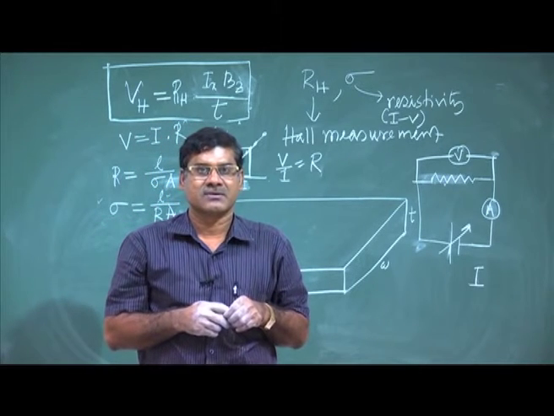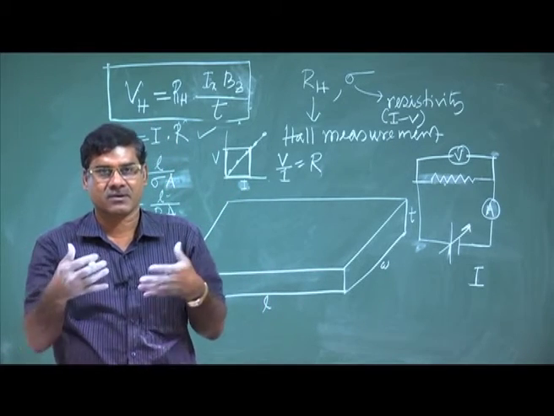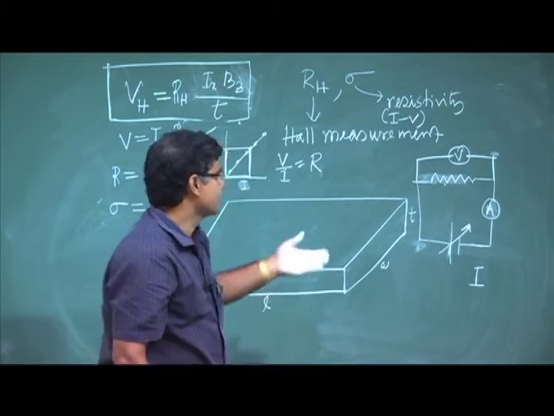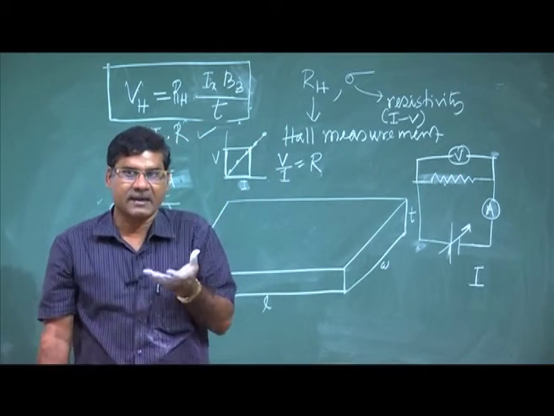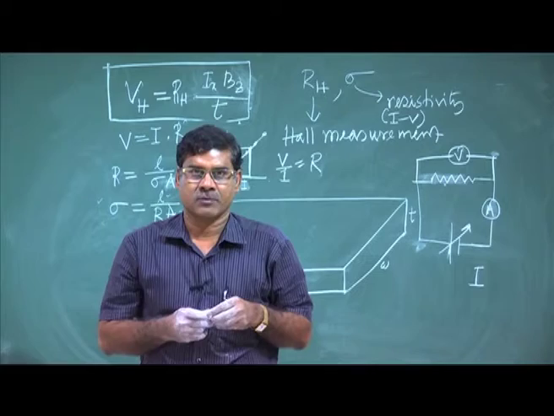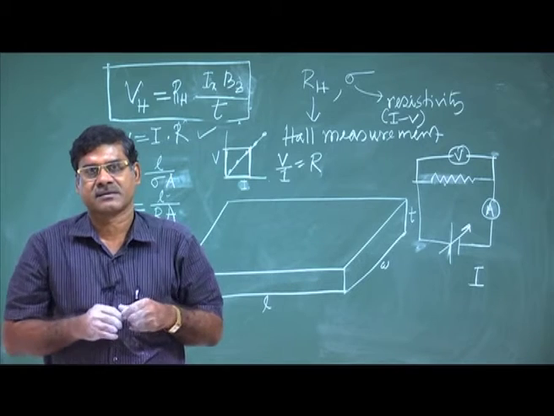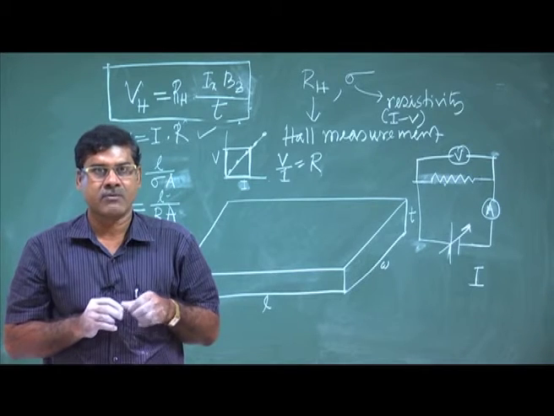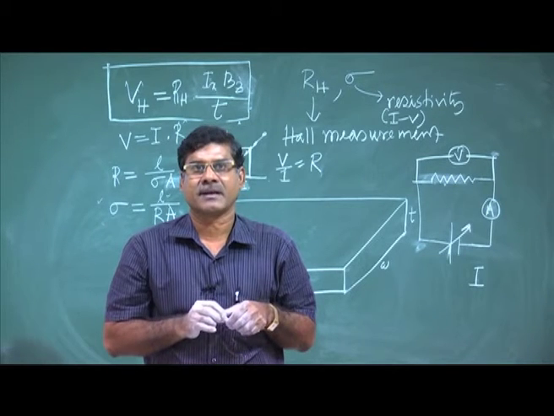So, for a particular current the voltage drop will be high, and a conventional voltmeter and ammeter are sufficient for this high resistance. But here the resistance is very small. If you take a metal, the resistivity is very small, so the voltage drop will be very small, in the microampere, nanoampere range. So, you need a very sensitive arrangement to measure the current and voltage.